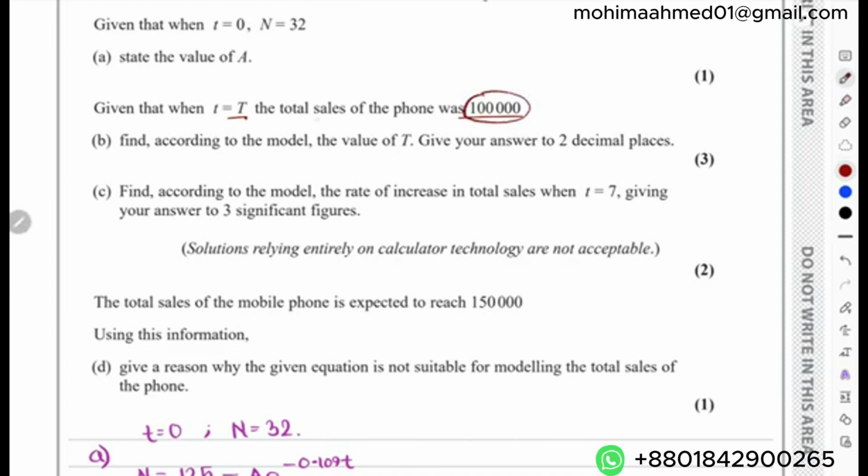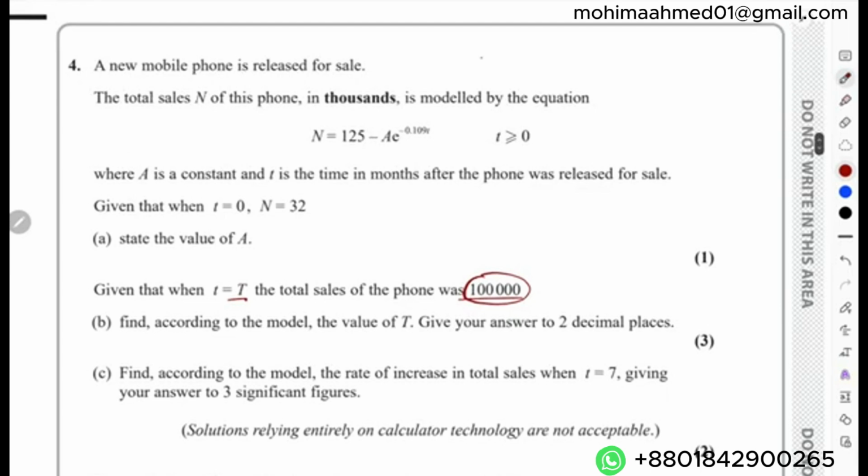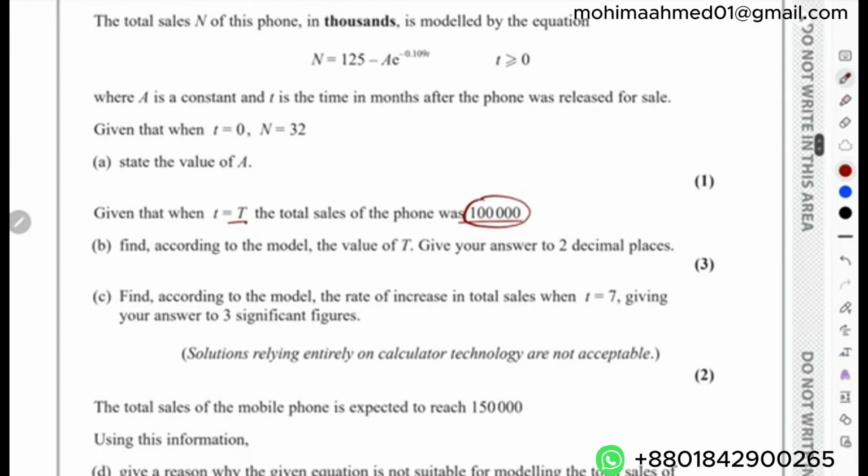They are just saying the total sales of the phone was 100,000, but as the question is in terms of thousands, the value of N from this part will actually be 100 only, because N represents everything in terms of thousands. So the 3 zeros will be cancelled out. If you use this value in your equation, you have to cancel out those last 3 zeros.